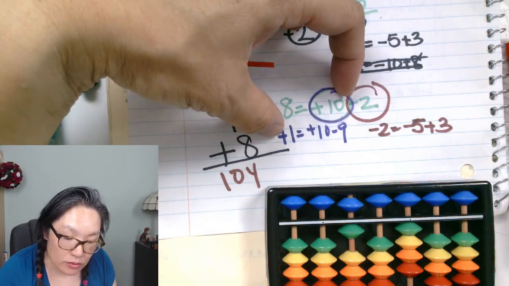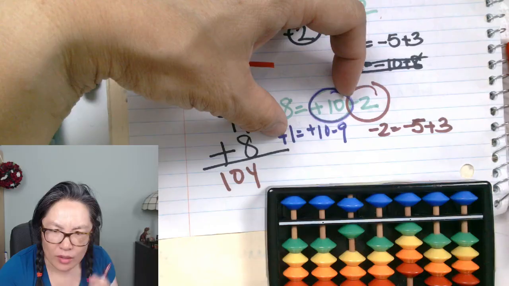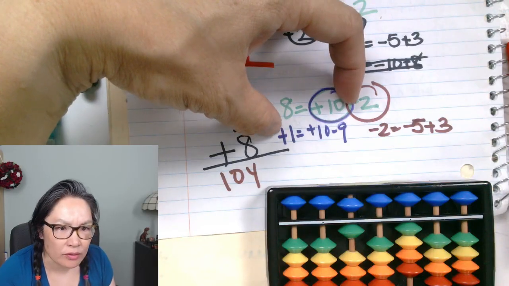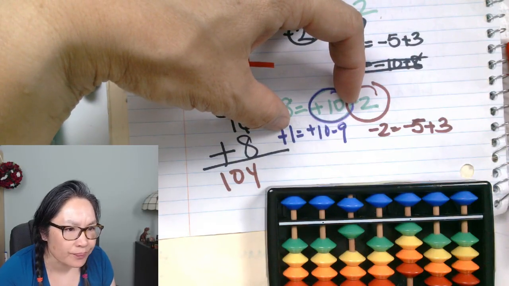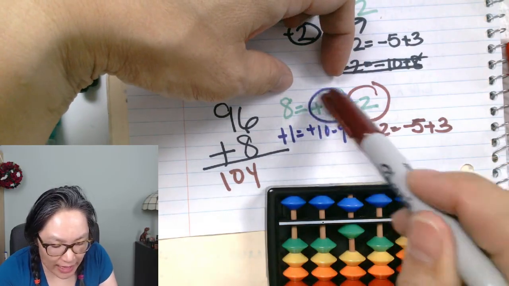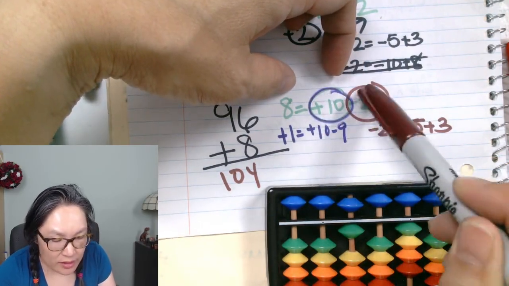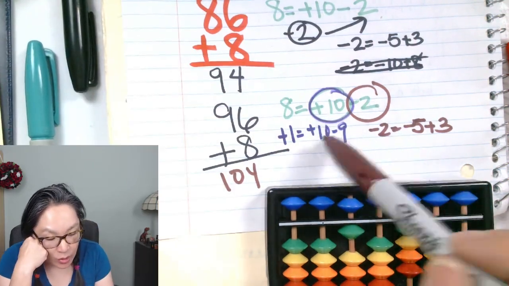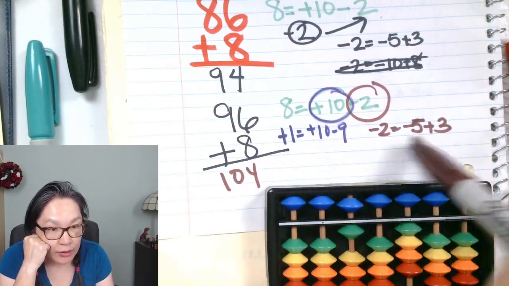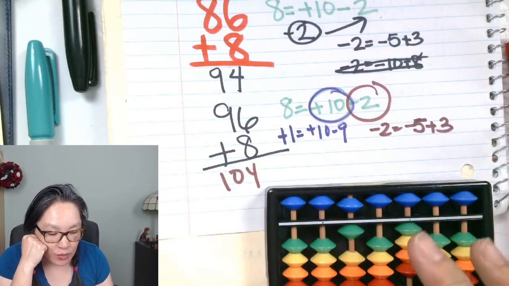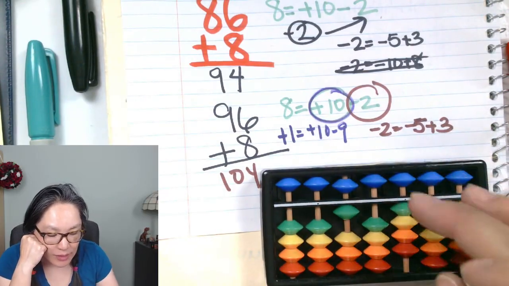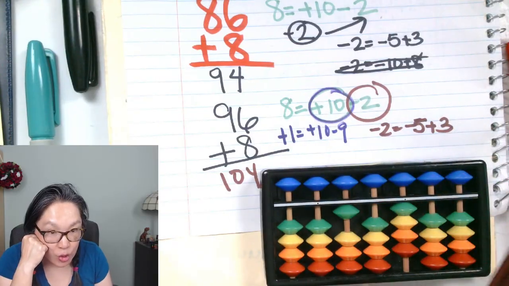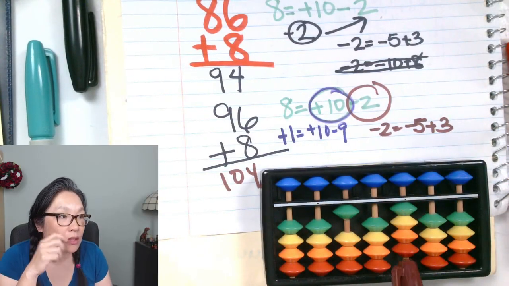We had to, I don't know what we call it. Extra substitution, leveling up. So what we did is we added the 10, and then we minus the 2. But because we don't have any beads, we had to use critical thinking. So that's why abacus is interesting, because it promotes critical thinking. Do we have enough? How can we do it?